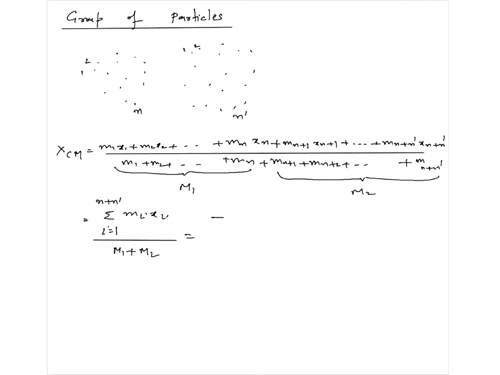Sigma can be split up. We can add from 1 to n, and then we can add from n plus 1 to n plus n dash.